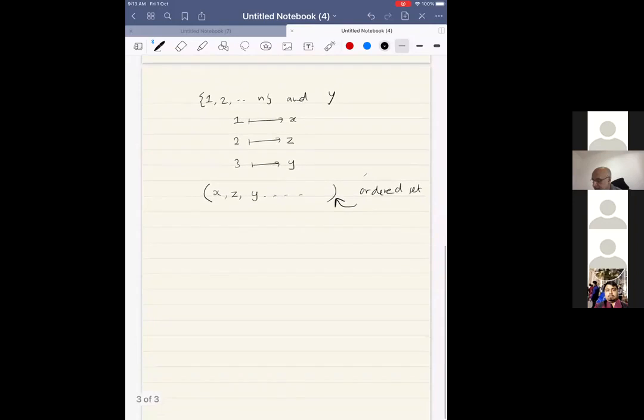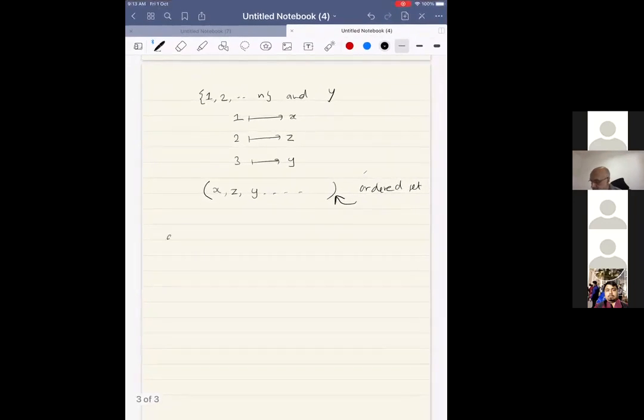And the third related notion is a sequence of n elements in X. Okay, so that would be a map from the set 1, 2, 3, ..., n to X. So then 1 will go to some element, 2 will go to some element, but these need not be distinct.